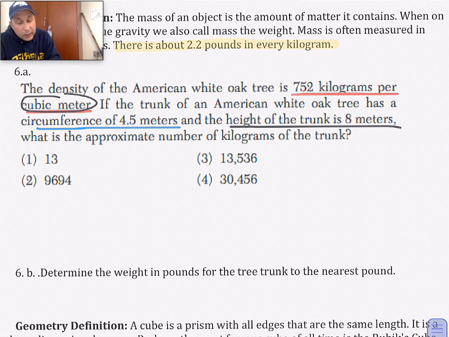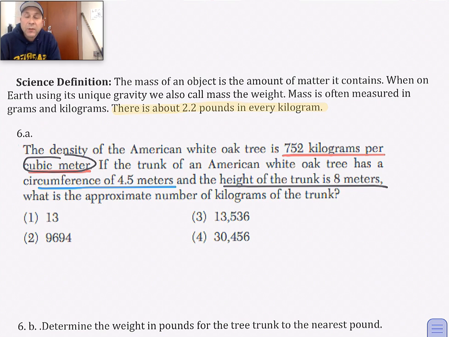So let's lower this down so you can see that. So in science, they often are pretty specific about using the idea of mass instead of weight. Your weight on Earth is not the same as your weight on other planets.